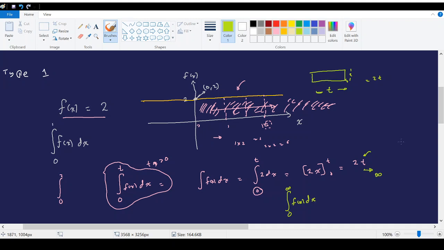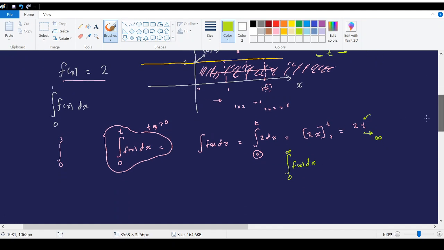what we can do is visualize it as a limit problem, where t represents the upper limit and we compute the integral of the same function with the given lower limit and t as the upper limit.